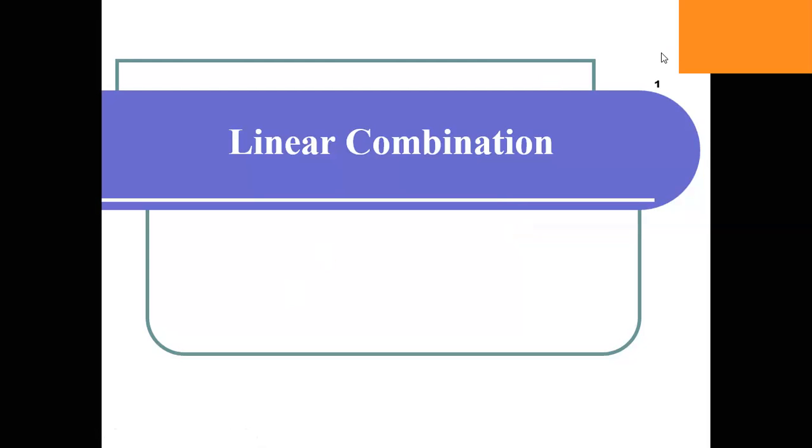So let me tell you first how we can say that certain elements of a vector space form a linear combination. If one vector can be written as a linear combination of certain vectors, in that case, I can say that vector is a linear combination of some number of vectors in one vector space.